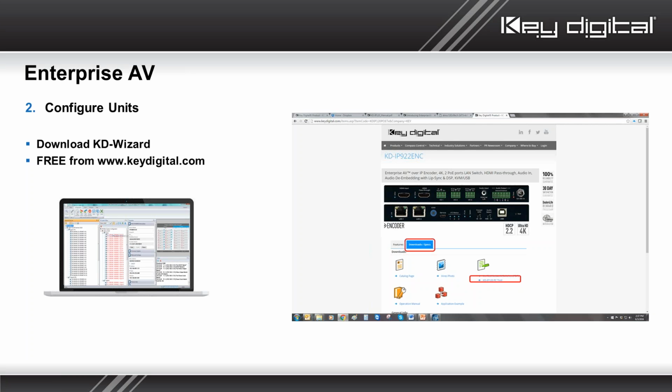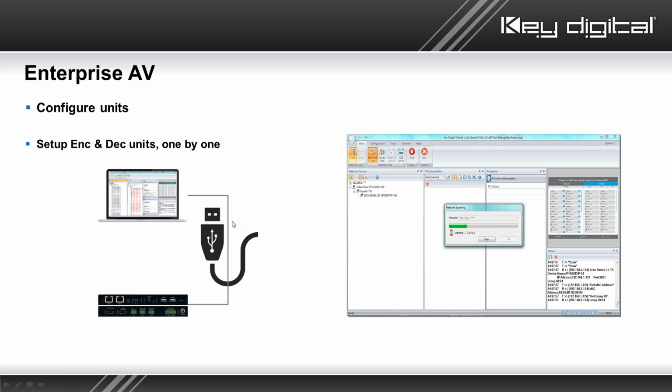You simply connect the device via the network, do a scan, or connect all of your devices via the network, or connect via USB or RS-232 and do your scan, and you'll find your devices. Now, when we do the IP922s, we download the KD Wizard from the KeyDigital webpage, and you will connect just one unit at a time for initial configuration, right?